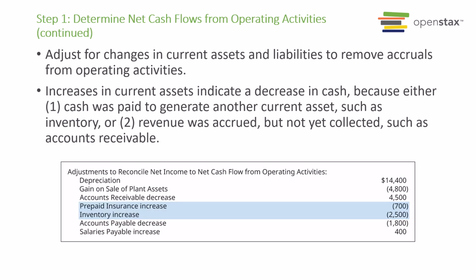Now we're going to build the rest of our adjustments using our balance sheet information. And specifically, we're going to use the change column that we created in our balance sheet prep.